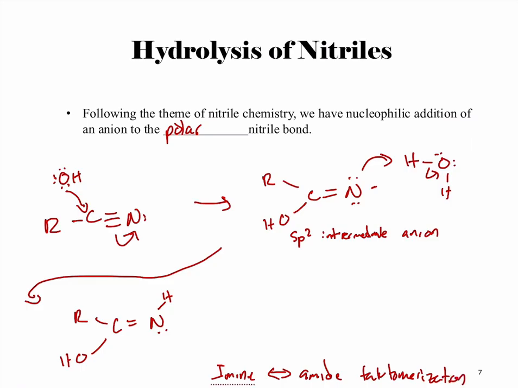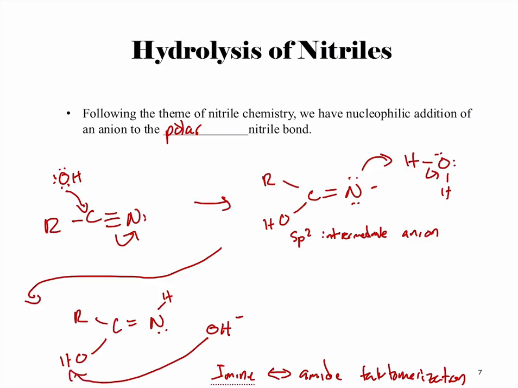If we have our base floating around in solution, right, so here is our base in solution. This can basically abstract a proton from this OH group, the hydroxyl group, on the imine carbon now, right? So this can abstract protons.